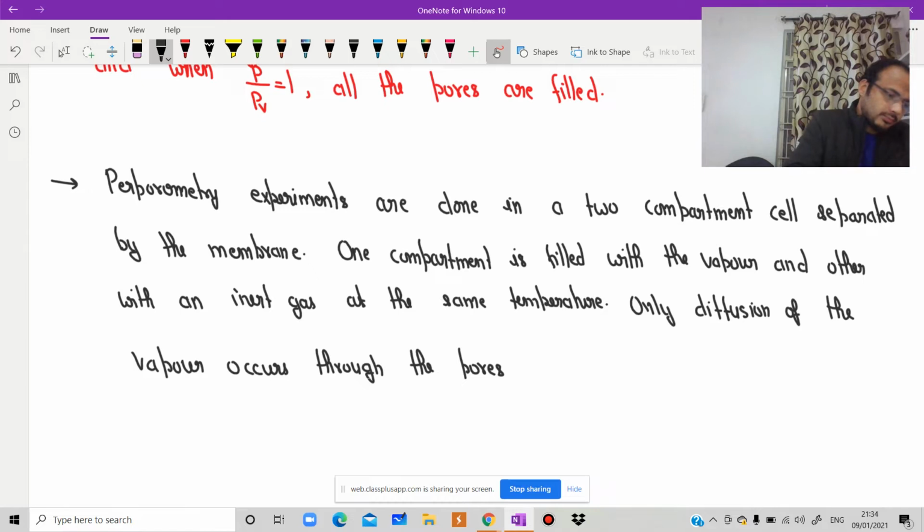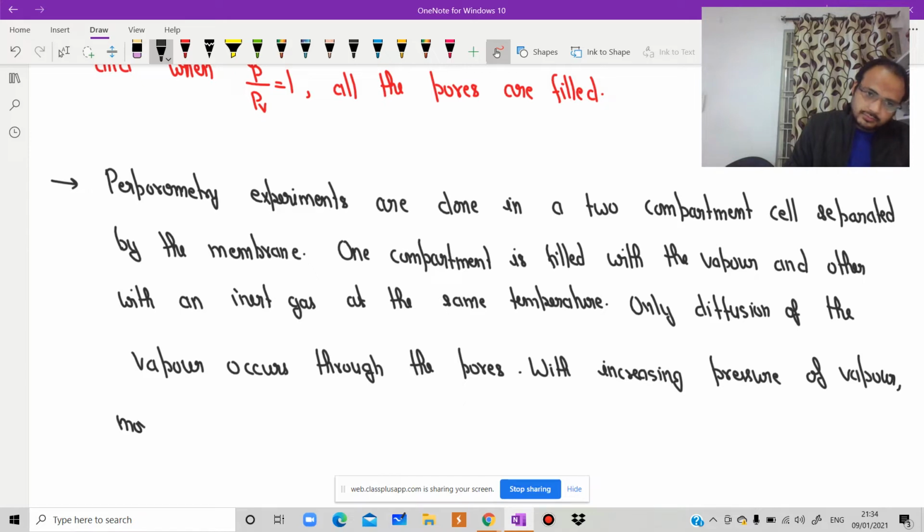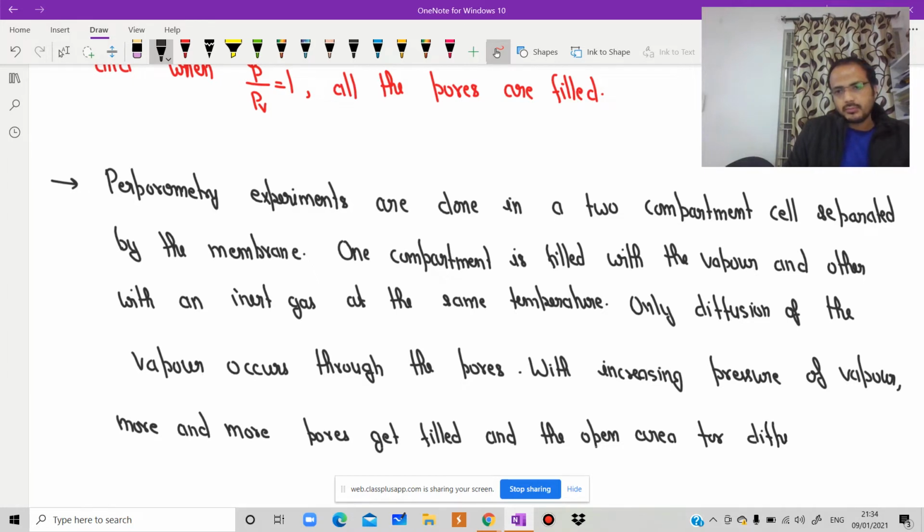With increasing pressure of vapor, more and more pores get filled, and the open area for diffusion of the vapor decreases. This is the meaning of blockage.